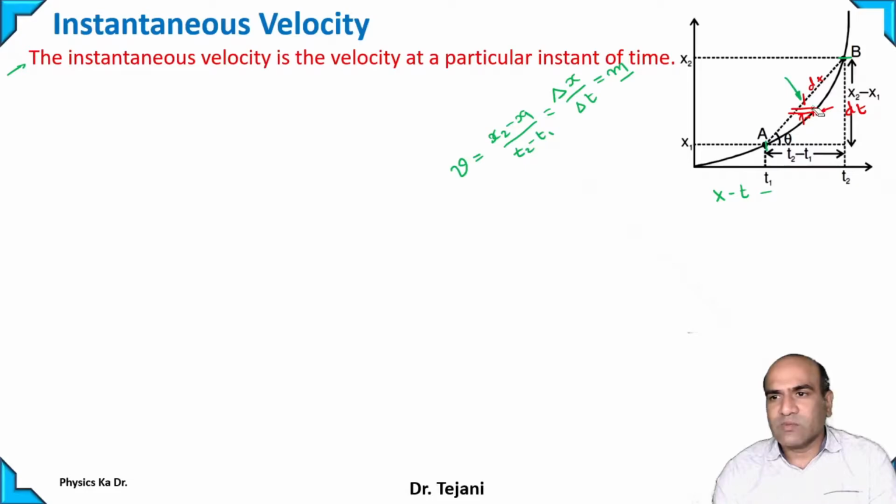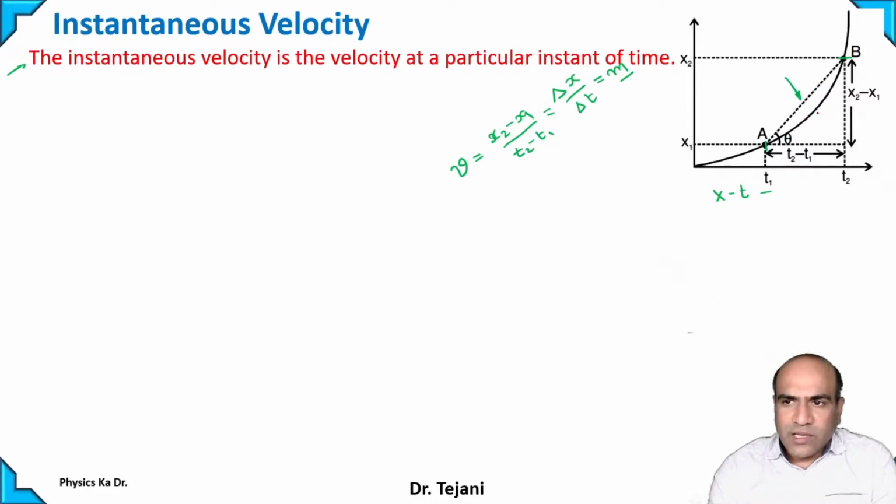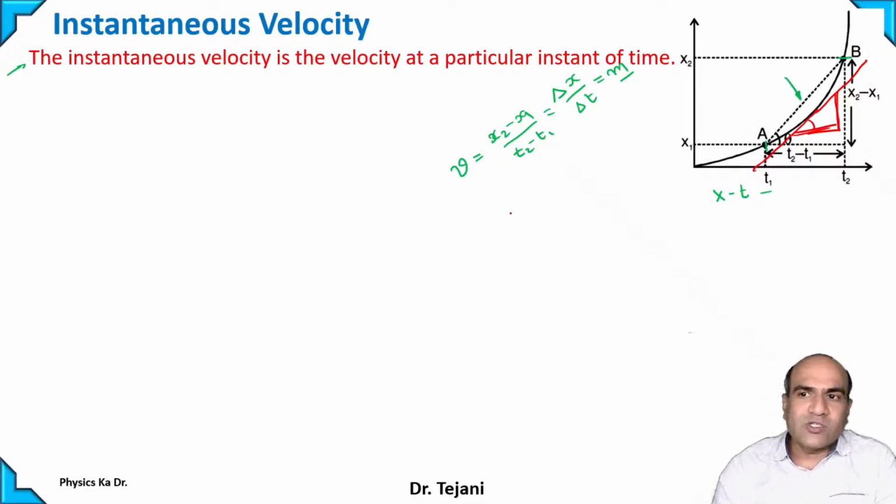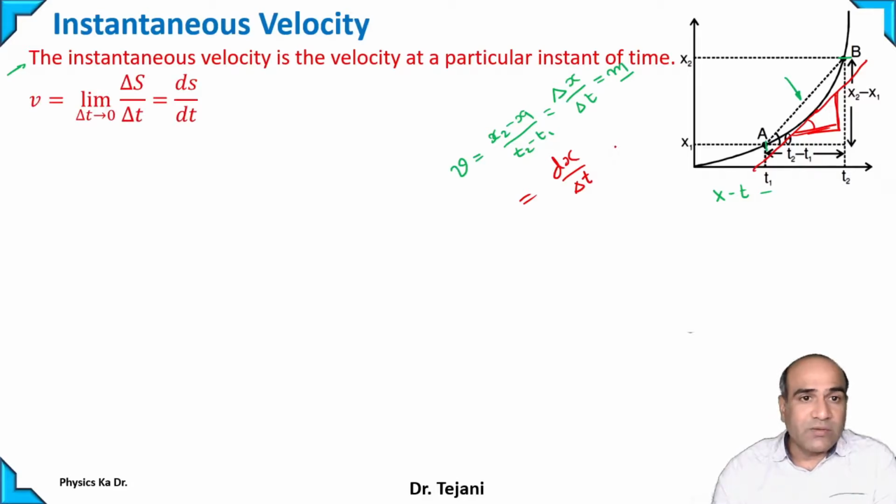For this very small region, if we draw a tangent and identify the slope of this tangent, the slope of this tangent gives us the instantaneous velocity. So we know it is equal to what? dx by dt.